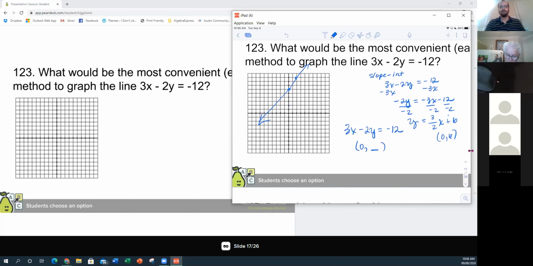If you plug 0 in for x, that's like erasing the x. You would get negative 2y equals negative 12, and that would give you y equals 6.